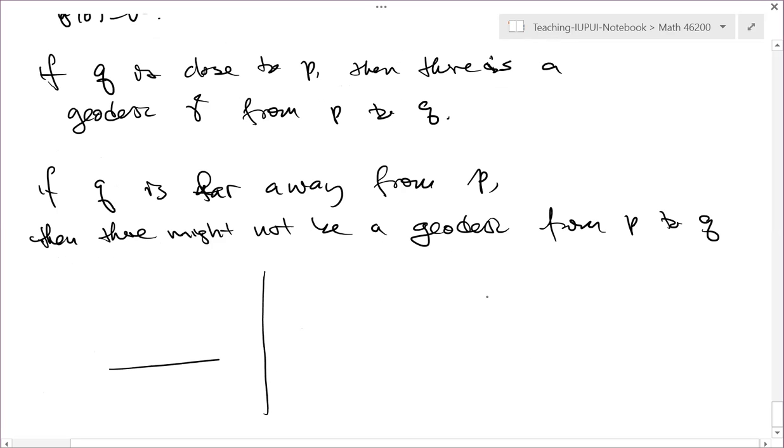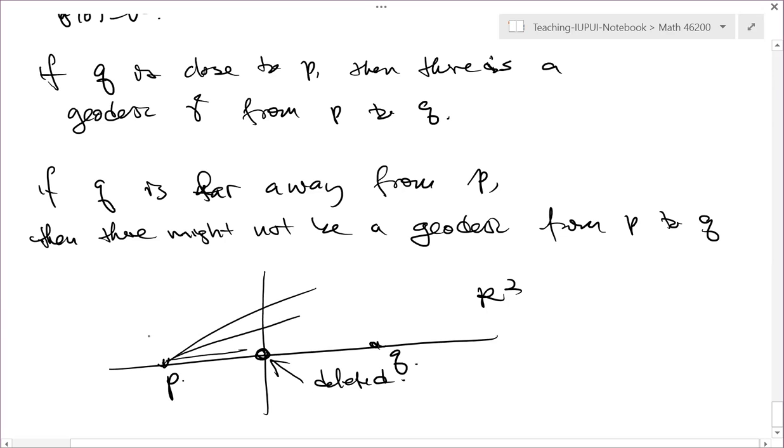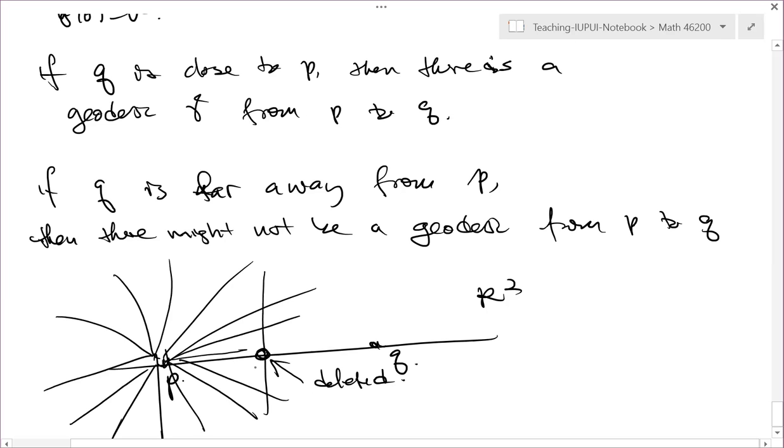This is R2, and I delete a hole. This hole is deleted, and this is a point P. If Q is here, you get all the geodesics going out from here, but the one pointing along the x-axis never reaches Q, because it stops here and ends.